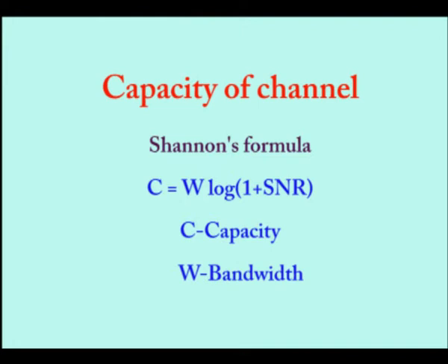As a ratio, I calculate 1 plus SNR, take the log of that and multiply it with W, the bandwidth. So, W times log of 1 plus SNR gives me the capacity of the channel. This is a formula that is used to identify how much data rate can be supported on any given channel.